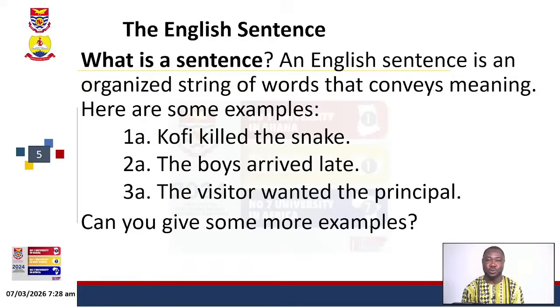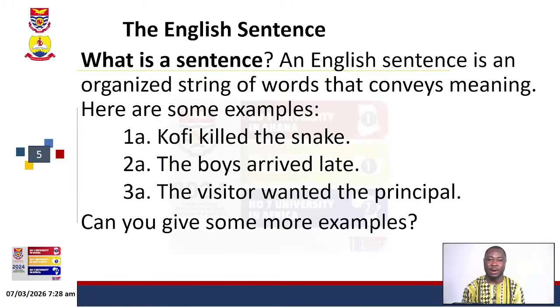We need to look at what a sentence is, because in writing, the sentence is the focus. So an English sentence is an organized string of words that conveys meaning. So if you have Kofi killed the snake, that is an English sentence.